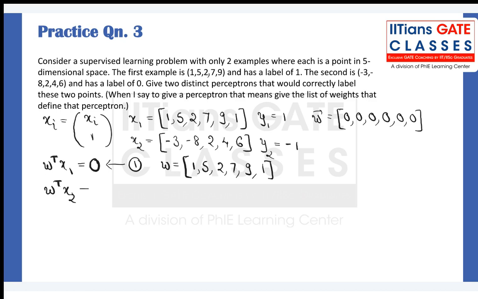And W transpose X2 is what it will be. You can calculate it. Oh, sorry, I think this should be 1 as well. So 1 plus 6 times 9 is 54 plus 28 plus 4 minus 40 minus 3.